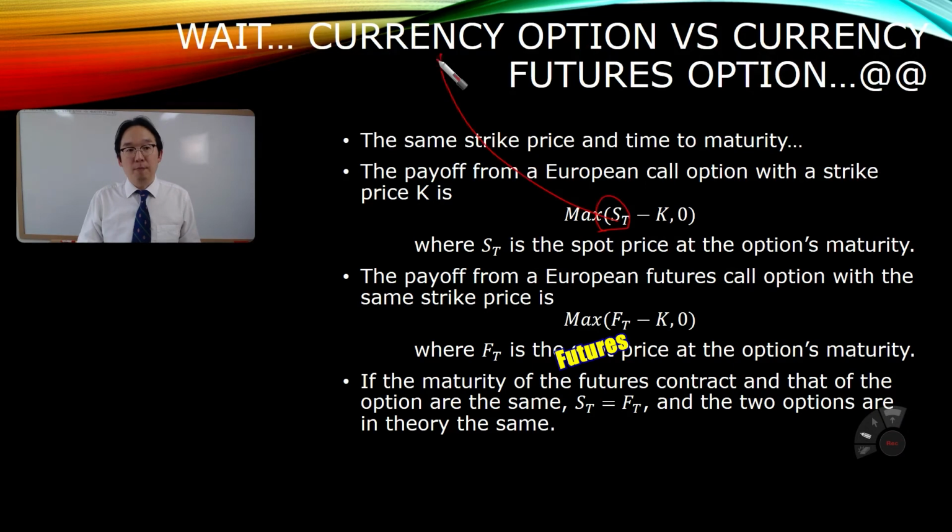The payoff from a European futures call option with the same strike price is the maximum function of big F sub big T minus big K and 0, where big F sub big T is the futures price at the option's maturity. If the maturity of the futures contract and that of the option are the same, then S equals F, and the 2 options are, in theory, the same.